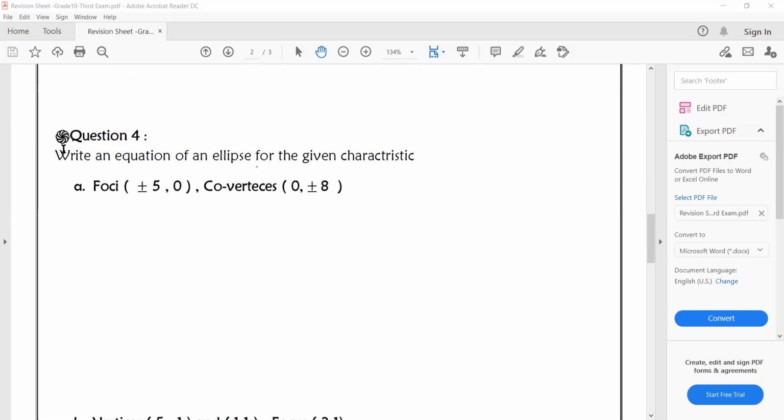Okay, question number 4. Write an equation of an ellipse for the given characteristics. The given foci are positive, negative 5, 0, and the co-vertices are 0, positive, negative 2. The first question is whether it is a horizontal or vertical ellipse.